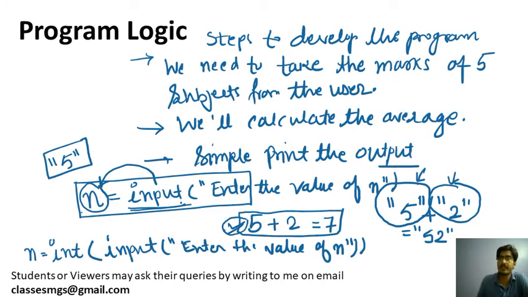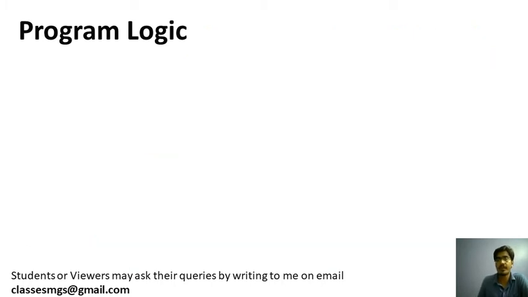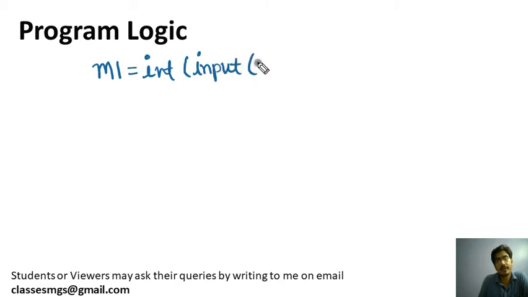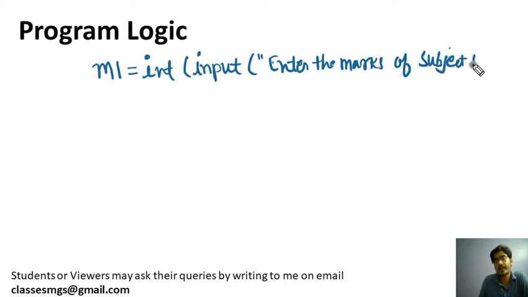So let me start building the logic here. Now first of all we will take the input of 5 numbers. Let's suppose I am creating 5 variables, m1. I am taking int, then I will write input, then we will write "Enter the marks of subject 1", and we will take the marks of subject 1 into m1.